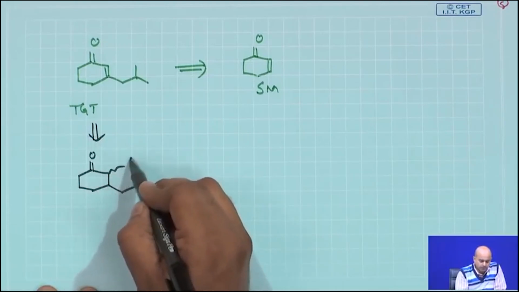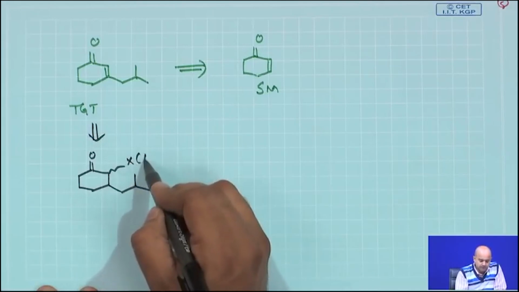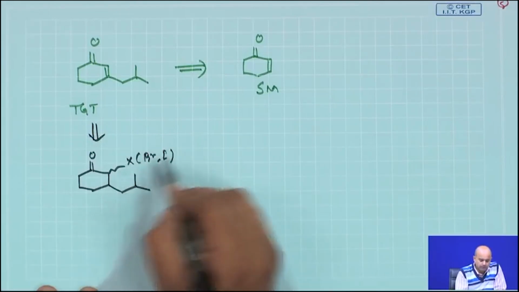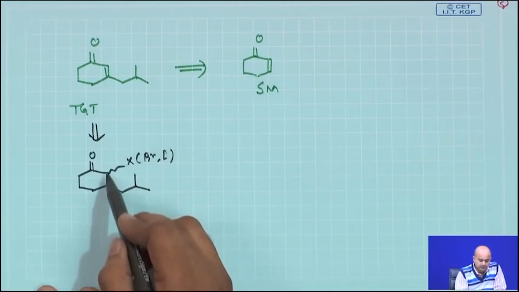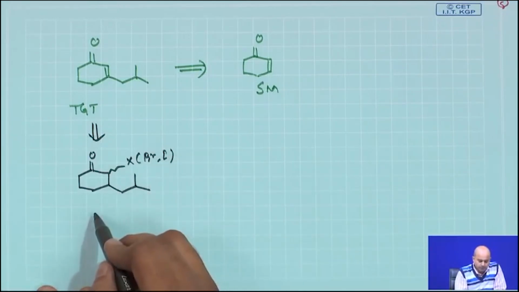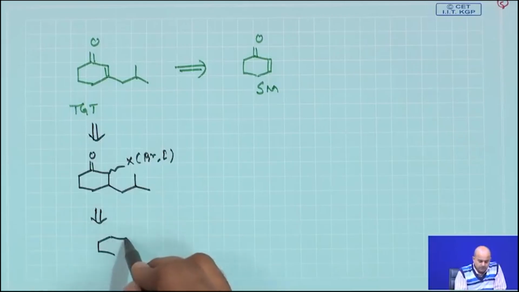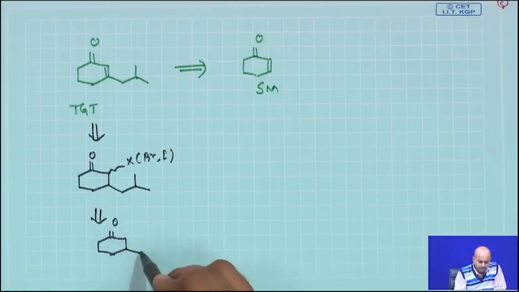So, if somehow you can have an X here, where X means Br or iodo or something else, you can do an elimination here. That is definitely possible. So, initially you need this compound where you can introduce the bromine.